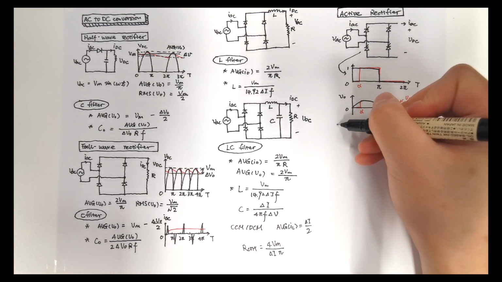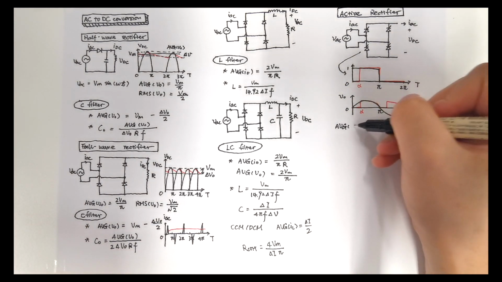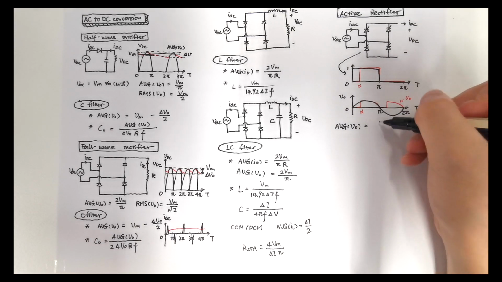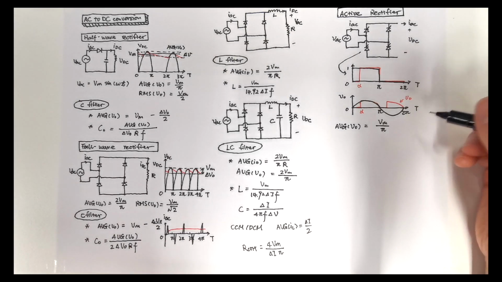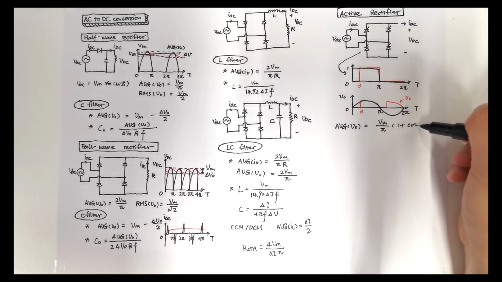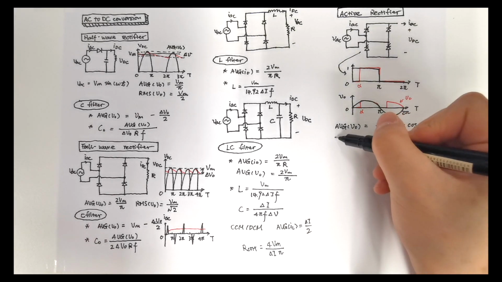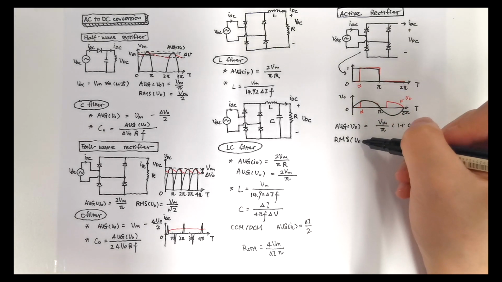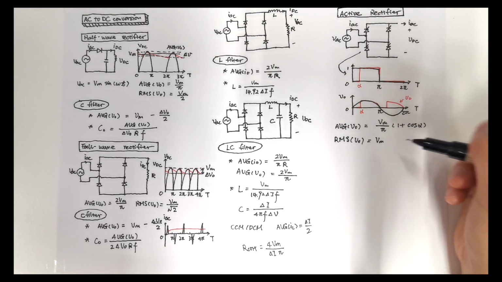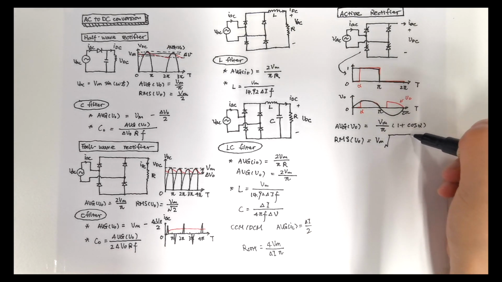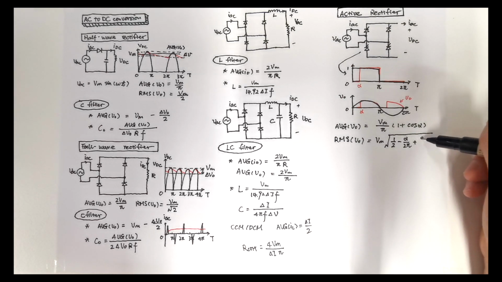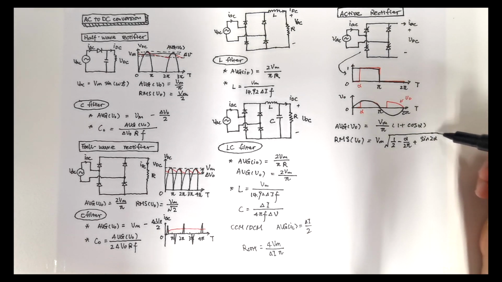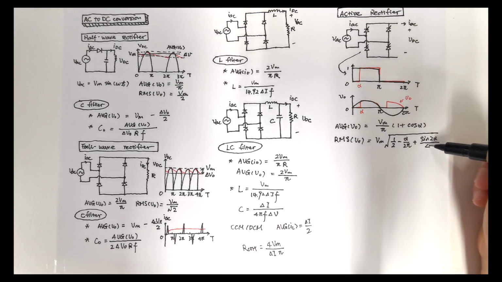The average of output voltage is Vm divided by pi times 1 plus cosine alpha, and the RMS value of Vout is Vm times square root of 1 over 2 minus alpha divided by 2 pi plus sine 2 alpha divided by 4 pi.